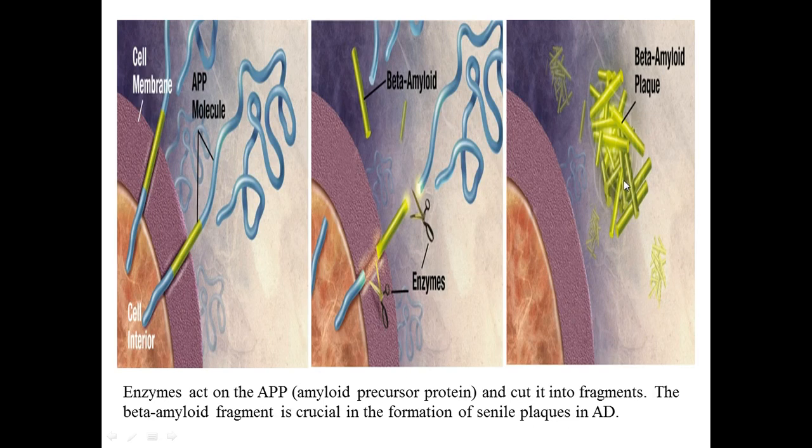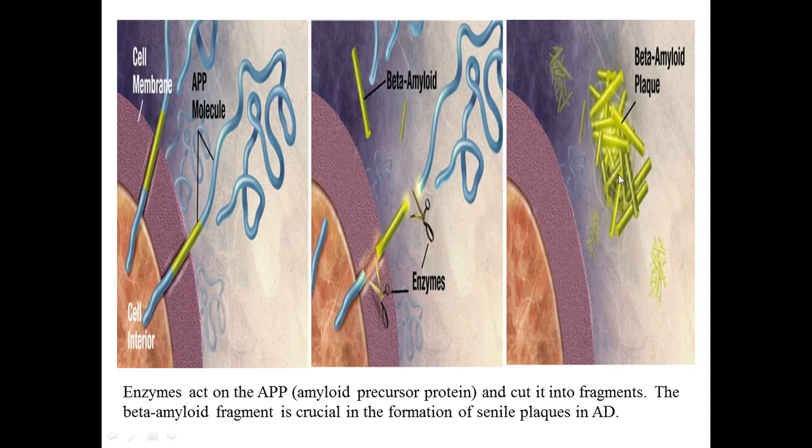What is a senile plaque? Plaque is nothing but the accumulation of microglial cells, astrocytes, and these cut, fragmented proteins, which are dead in nature, near the neuron cells.